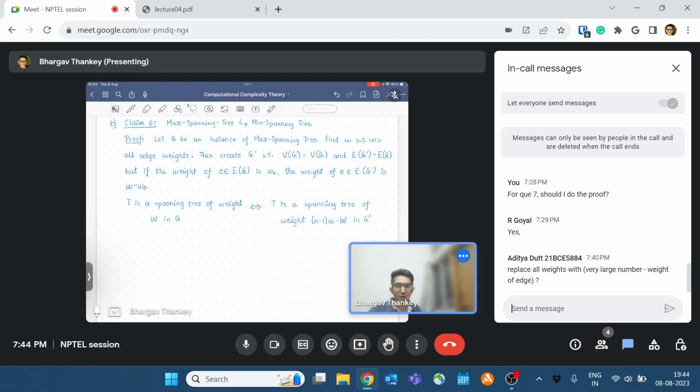Suppose that the weight of T in G was W, that is, the sum of all the edge weights was W. But now each and every edge has been replaced with a weight W minus WE. So now the sum of all the edges in G prime would be (n minus 1) times w minus W, because there are n minus 1 edges in any spanning tree, right? So is this statement fine?